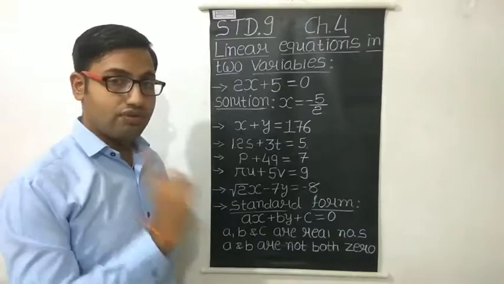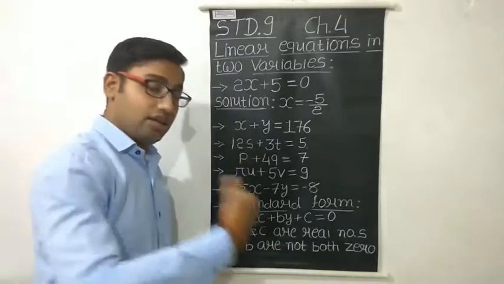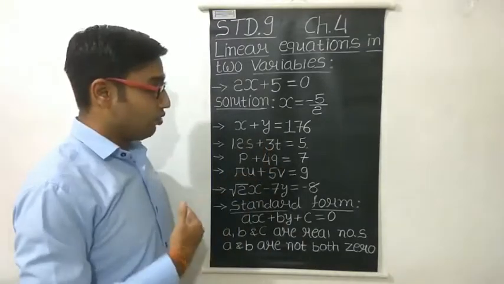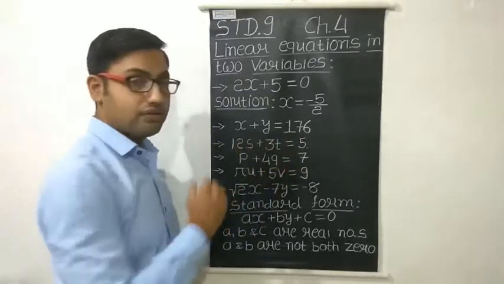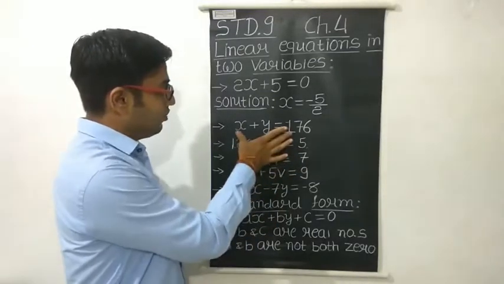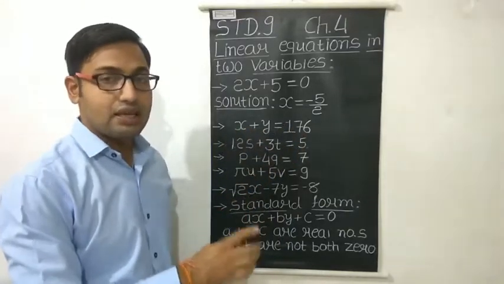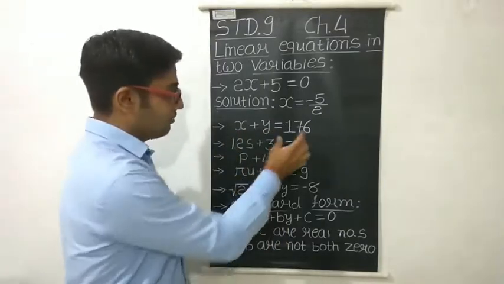So let us suppose one batsman scored x runs and another batsman scored y runs. We don't know the particular scores, but we know the total. So we can write this like this: x plus y is equal to 176, because we know the total of both the batsmen's scores, that is 176.